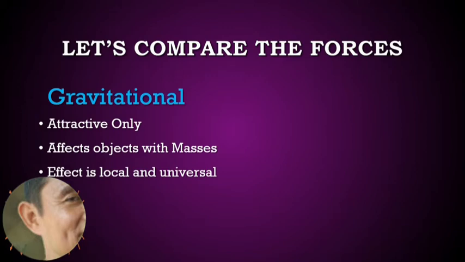And universal means on a large scale. Gravity works from Earth, the Sun. And the Sun and the entire solar system is attracted to the center of the galaxy. The galaxies themselves are attracted to each other. So it's a very universal law. It's a very universal force.